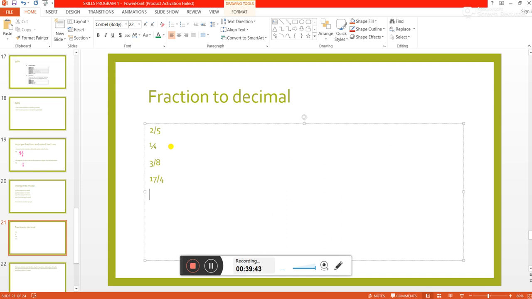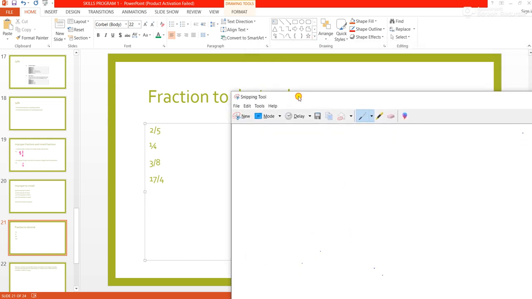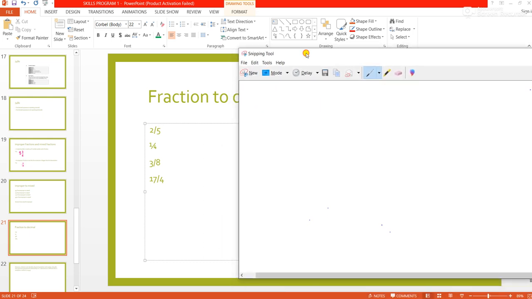Yeah, perfect. So we'll do these to explain how to solve in terms of converting from fraction to decimal. So the numbers that we have, we've got 2 over 5, 2 over 5.